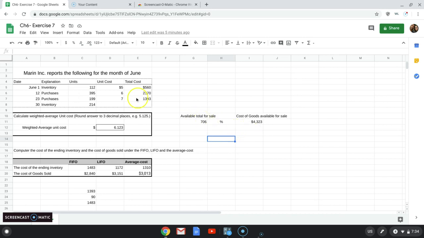Okay, then to find the cost of goods available for sale as well, we're going to be adding the cost of the first inventory for the month of June, the total cost of the first purchase, and the total cost of the second purchase made on the 23rd.